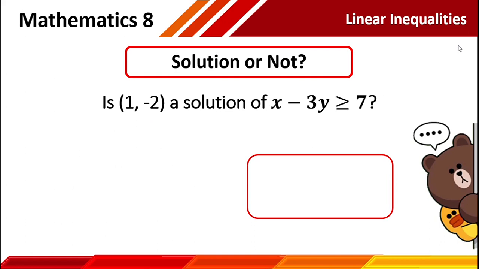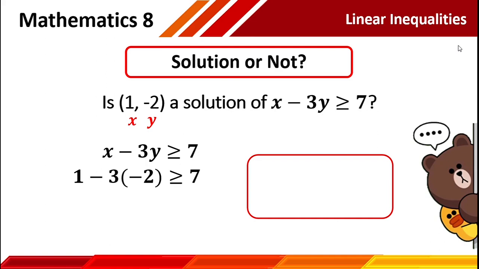Now, let's have our last example. Is (1, -2) a solution of x - 3y is greater than or equal to 7? Again, in our ordered pair, we have x and y coordinates. So in our linear inequality, x - 3y is greater than or equal to 7, we can substitute these given values. So we have 1 minus 3 times -2 is greater than or equal to 7.